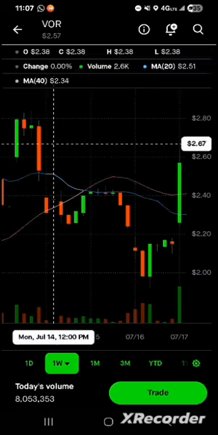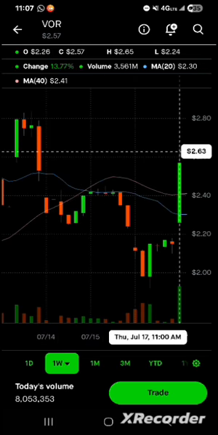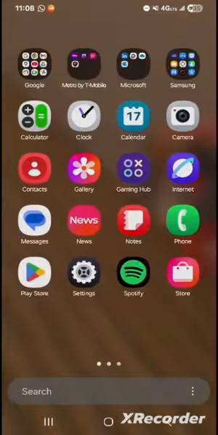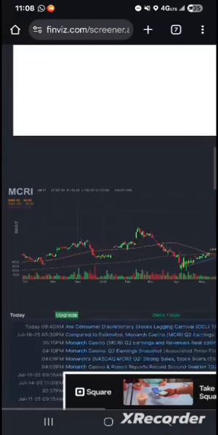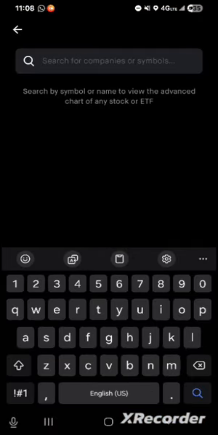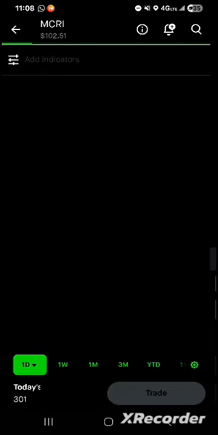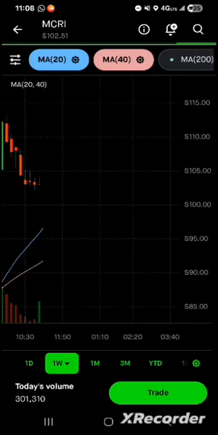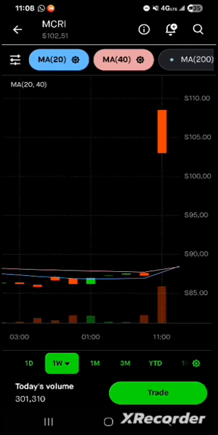So as we can see here, this cross, but it's going in the opposite direction, so we want to stay away from this one. MCRI. There we go. Okay, this almost crossed. This right here.